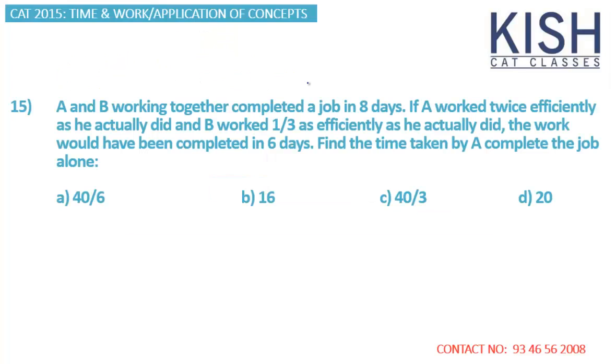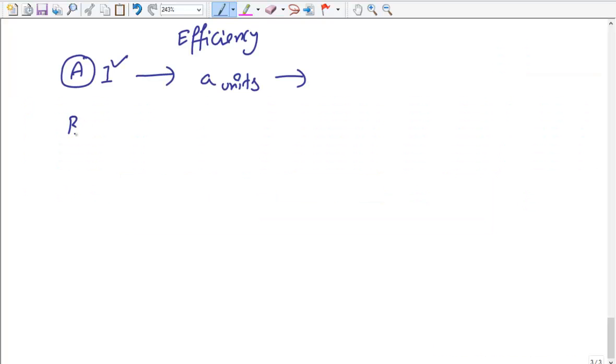We have got A, it's only one person. We have got no idea of his efficiency. You can say small a units, and he finished the work in, you have no idea, and because it's working with B, the efficiency of B is given as small b units.